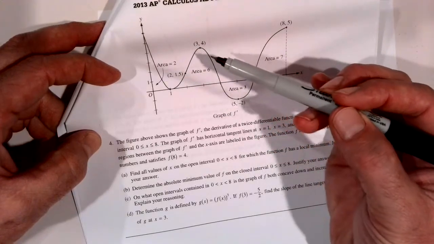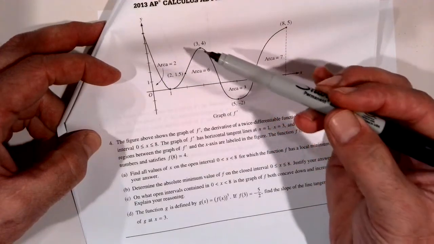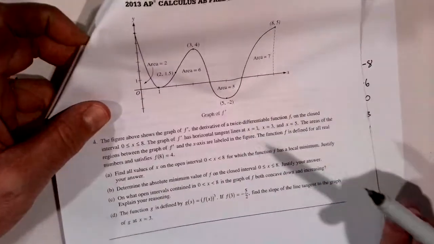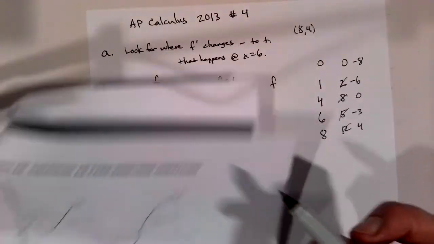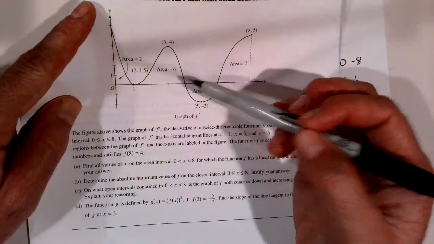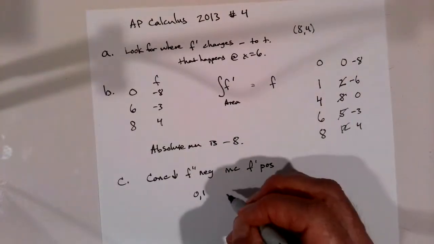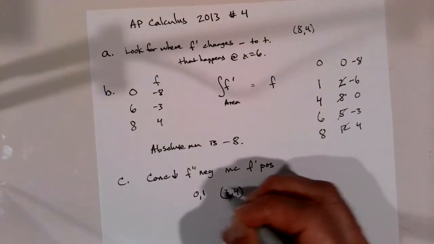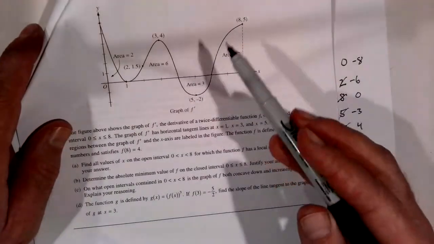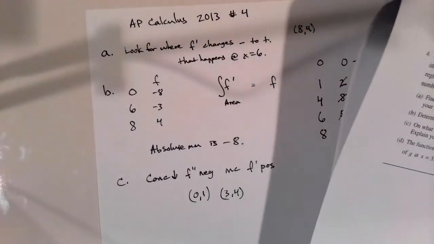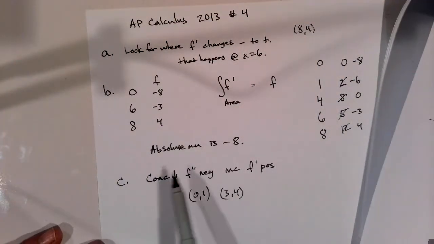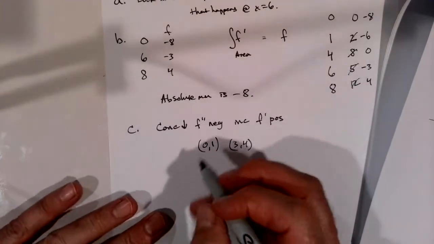But here f prime is positive because it's above the x-axis, but the slope is negative, so f double prime is negative there. So we're looking from 3 to 4. And that looks like it's it, those two intervals. Making this statement is extremely important in your answer.